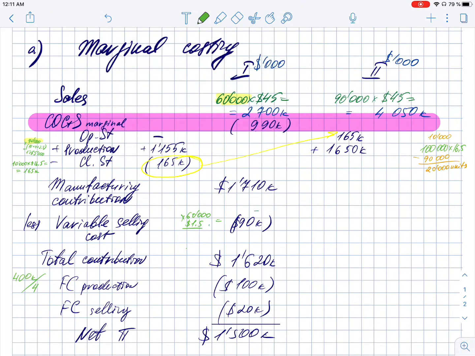And 16.5 is the cost of production of 1 unit if we consider only marginal costs, only variable costs. That means that closing stock would be valued as 330,000 dollars.